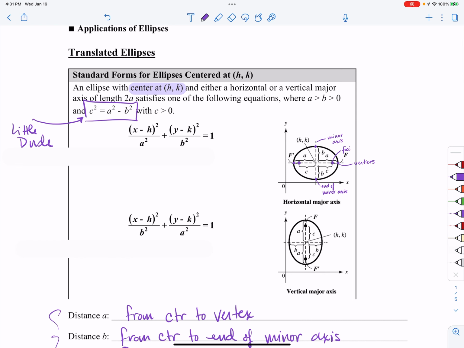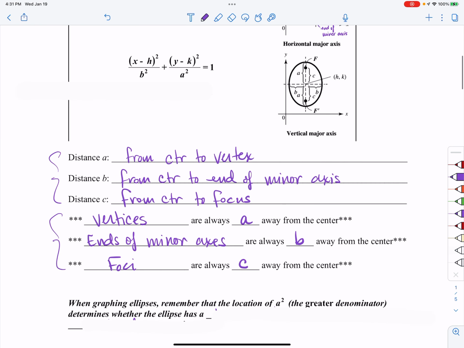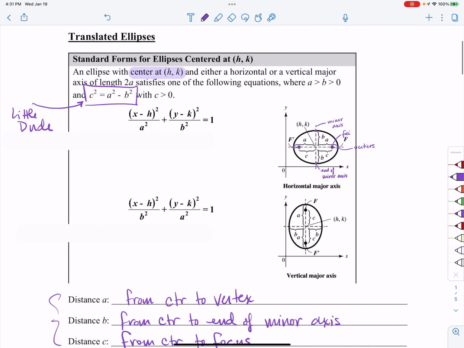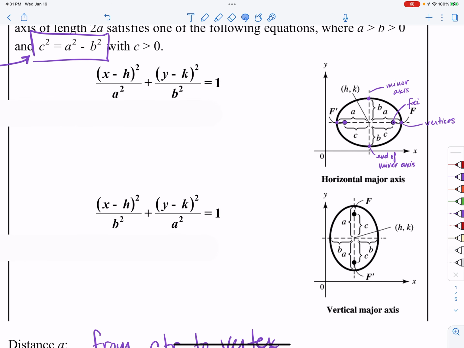All right, so coming back then, since A is always tied to my major axis because it goes to the vertex, that means A always has to be the longer value. So as I go back to my equations, here the larger denominator is under the x's. When the larger denominator is under the x's, I have a horizontal axis of symmetry, or a horizontal major axis.